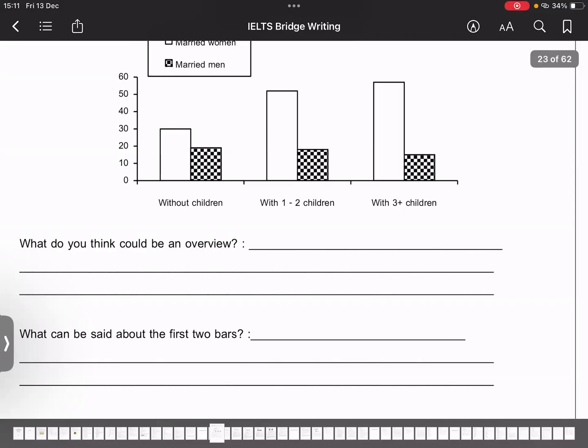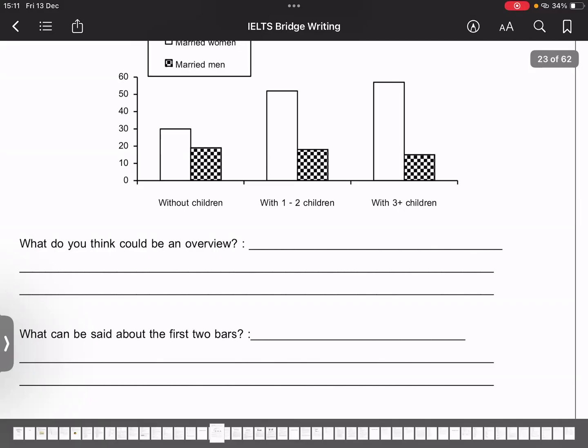As the number of children increases, the number of hours that married women spend on housework increases. So they are directly proportional. They go hand in hand. Yeah? But the number of hours that married men spend on housework is indirectly proportional to the number of children that they have. Because as the number of children increases, as they have more children, they actually spend less hours doing housework.